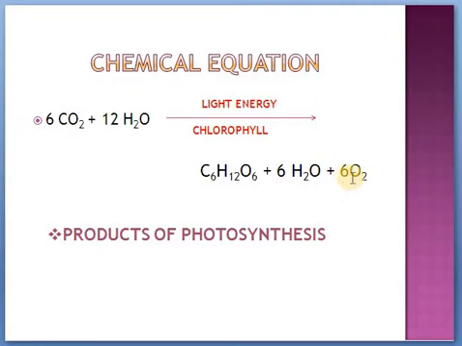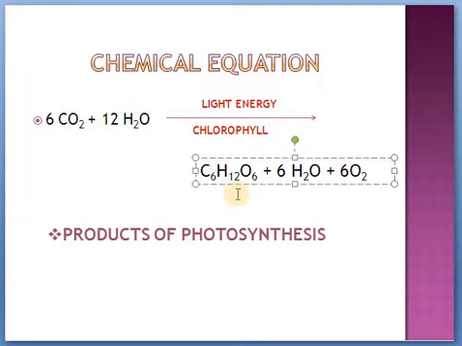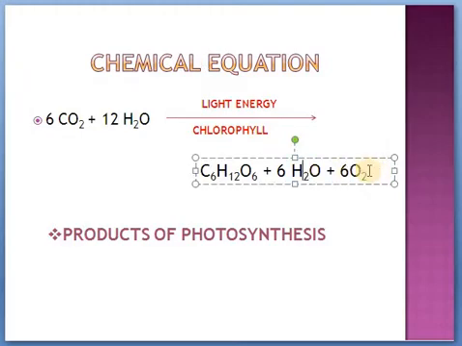And then 6 molecules of oxygen are released. Here you can insert an up arrow. 6 molecules of oxygen are being released. An up arrow you can write. Okay, so 6 molecules of carbon dioxide are used up to produce 1 molecule of glucose. 12 molecules of water are used up and 6 molecules of water are released out, and 6 molecules of oxygen are being released out.